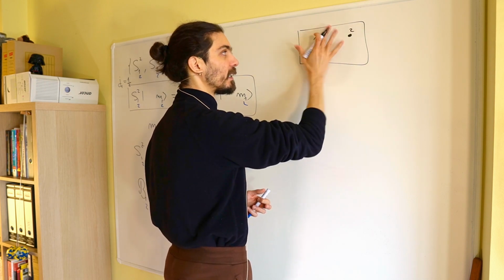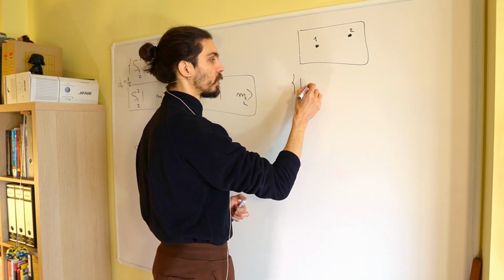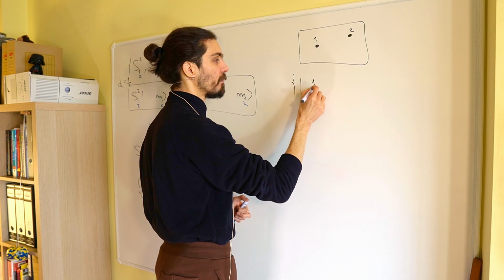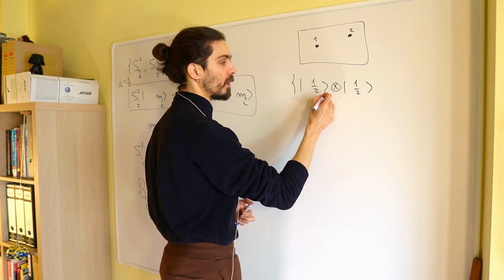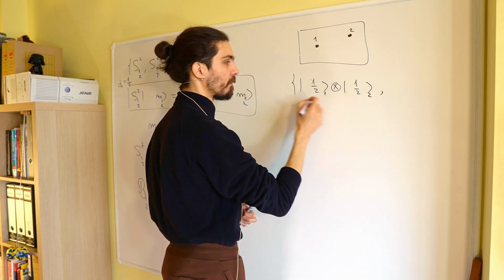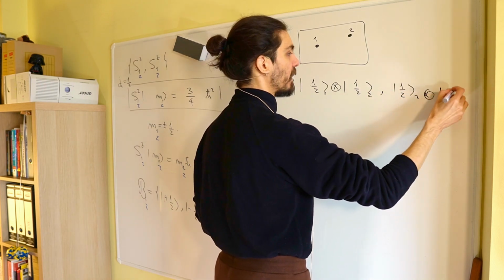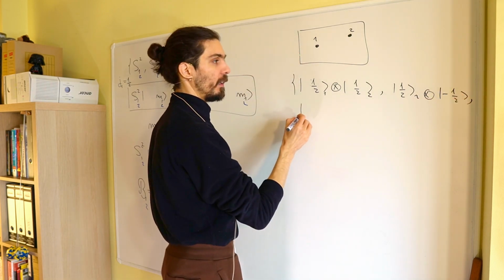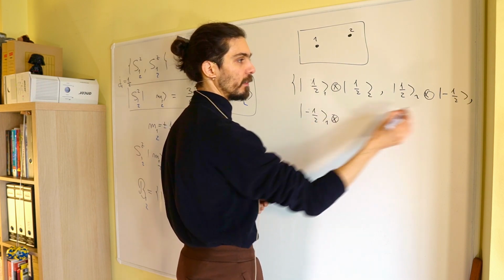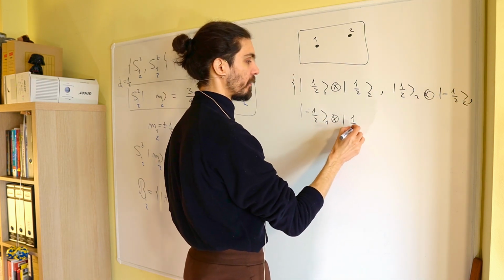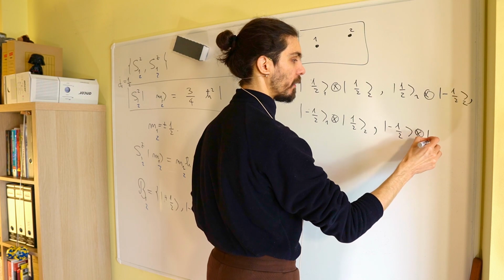The spin states of this system are described by states of the form: 1/2 tensor with 1/2, where this refers to the first spin and this refers to the second; then 1/2 tensor with minus 1/2; then minus 1/2 tensor with 1/2; and finally minus 1/2 tensor with minus 1/2.